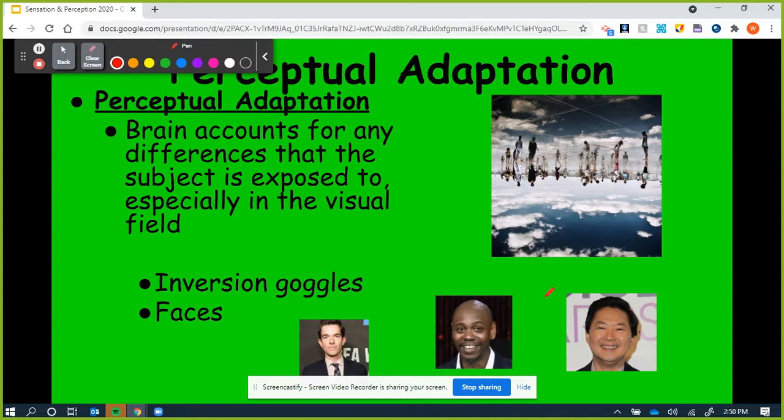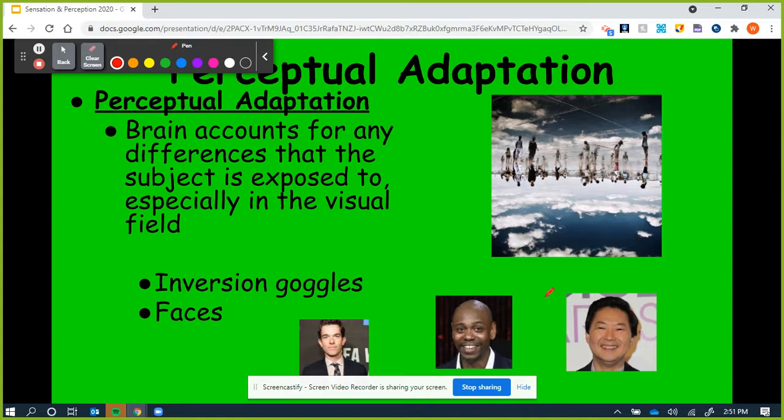If you were to wear goggles like the ones that I have in here that flip everything upside down, it'd be tough to go about your business for a while. But after a little bit, your brain would, they actually did this experiment. You'll see it upside down for a while, right? But after a while, your brain will actually flip it back right side up. And even though it's coming in upside down, you're seeing it right side up.